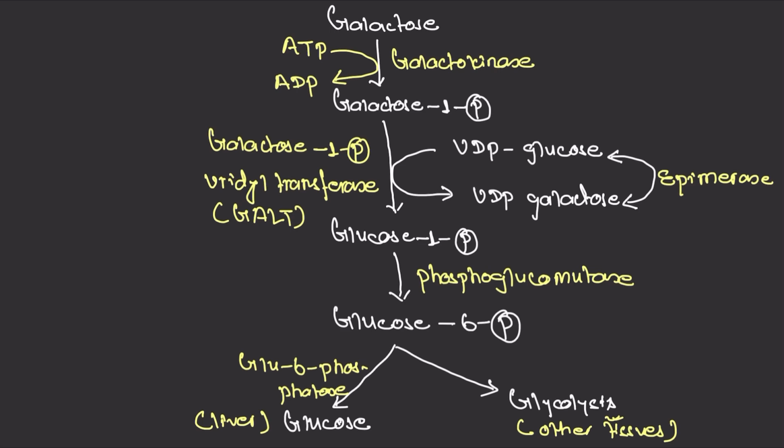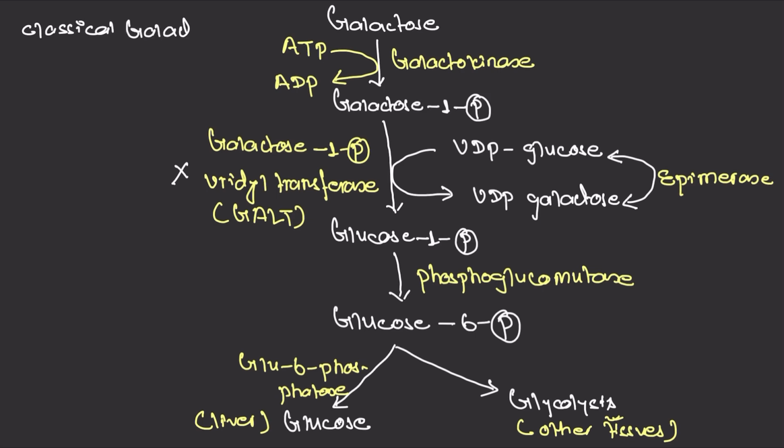Now coming back to our question, why is fasting hypoglycemia seen in patients with classical galactosemia? So what is classical galactosemia? Remember, if the enzyme galactose 1-phosphate uridyl transferase is not working, then it leads to a clinical condition called classical galactosemia.